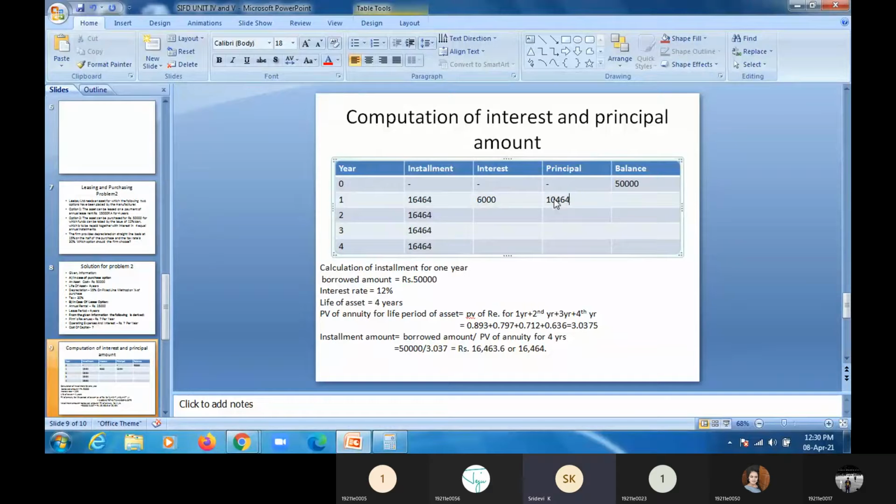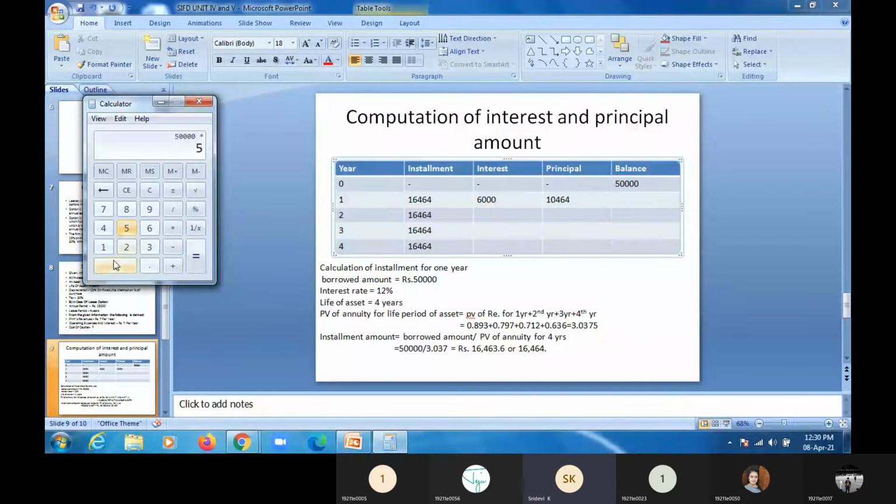So this principal amount you deduct from the 50,000. That is the remaining amount on which you need to pay the interest. 50,000 minus the 10,464 principal amount we have paid, deducted from the main balance.